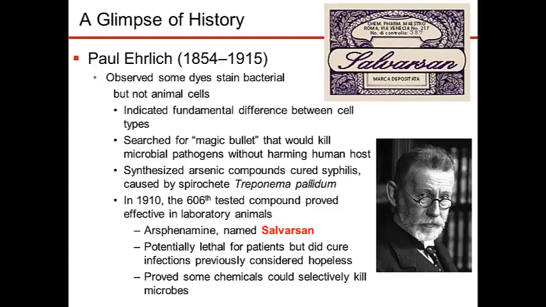Compound 606 proved to have few side effects in human trials, and the spirochetes completely disappeared in 7 syphilis patients after this treatment. Salvarsan, the trade name for compound 606, was the first effective medicinal treatment for syphilis, thereby initiating and also naming the concept of chemotherapy.